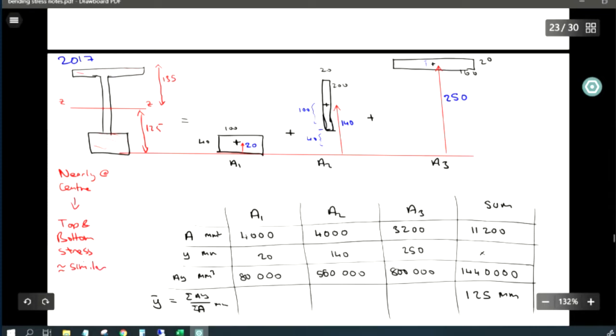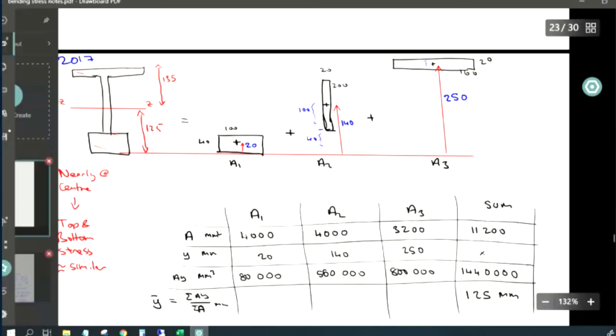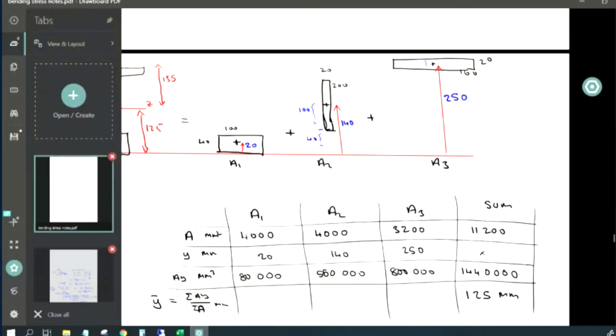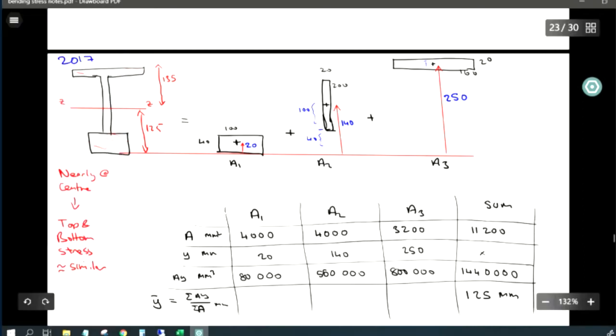Okay, so based on that diagram there, just a quick poll. If I calculate the bending moment and I work out the top and bottom stress at some point in the beam, obviously one is going to be tension and one is going to be compressive. But which one is going to be higher in terms of numbers? Is it the top A or the bottom B?